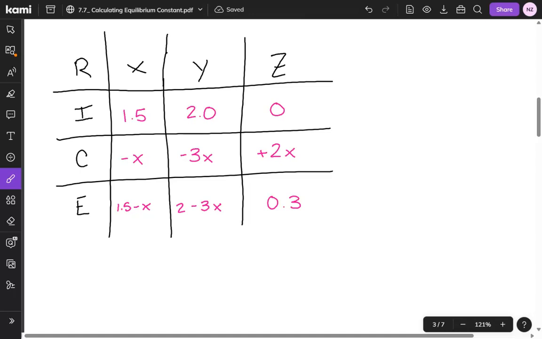Here, we know that 0 plus 2x is going to be equal to 0.3. So 2x is equal to 0.3, and we have enough information to solve for x. If I divide both sides by 2, x is going to be equal to 0.15.